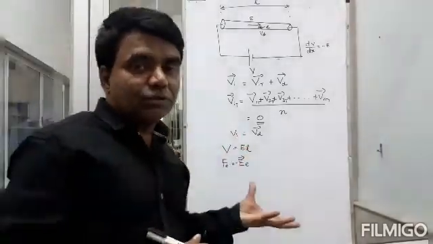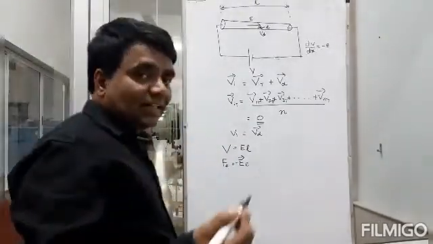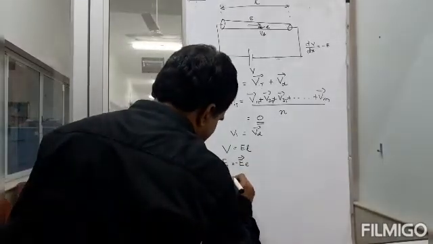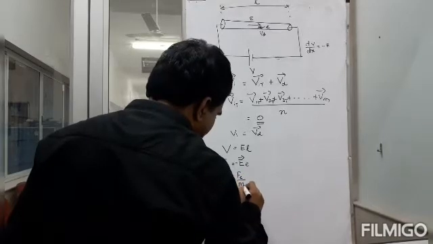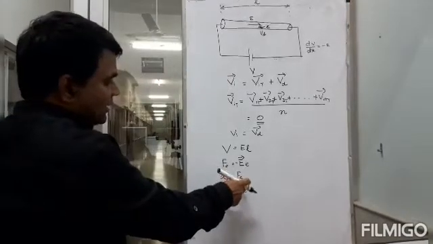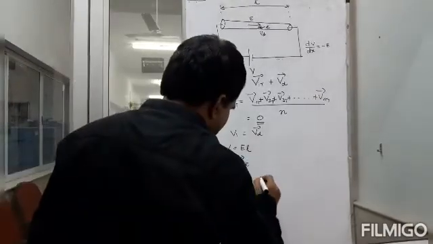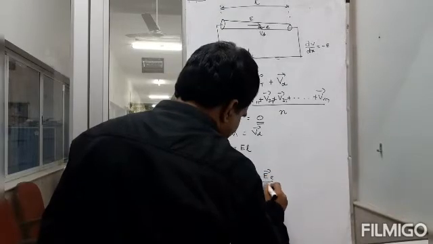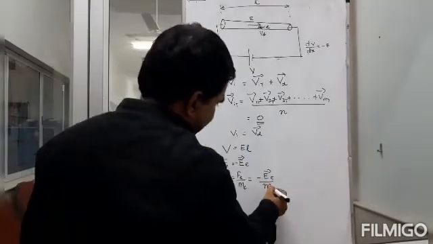And if there is a force, then there must be an acceleration for the electron, right? So how do I calculate the acceleration of the electron? The acceleration of the electron is equal to the force on the electron divided by the mass of the electron. Why? Because Fe is equal to me into a. So that gives me minus eE by m, where m is the mass of the electron.